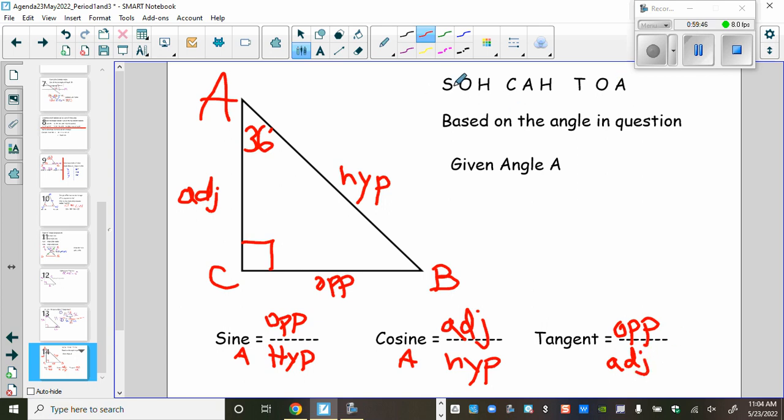Another way I tell everybody, put like a little equals mark between the S and the O, division.